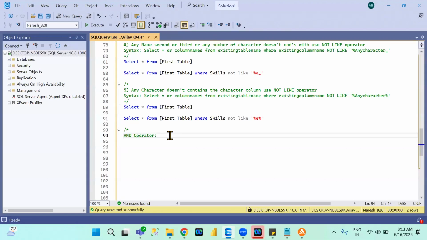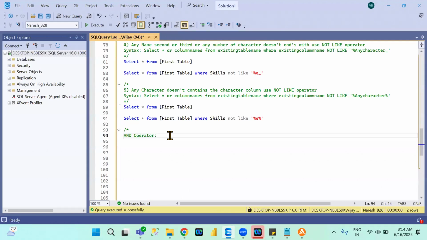In AND operator, all the conditions must be satisfied. Whichever records satisfy them, those records the select statement will display. If one condition is failed, the select statement will return only the structure.